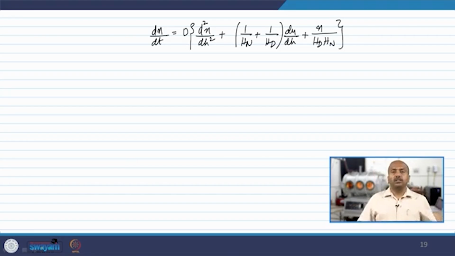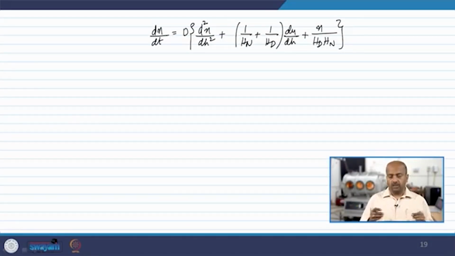We have realized the difficulty of estimating the variation of number density or concentration with respect to time as well as with respect to space simultaneously, right. Then we made an assumption: we will consider a particular height or a particular distance, and with respect to that we will try to evaluate the time evolution, right.